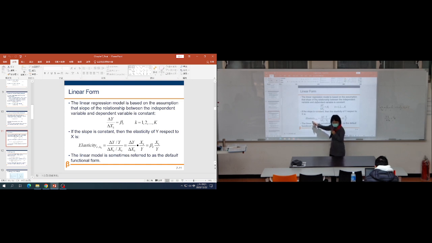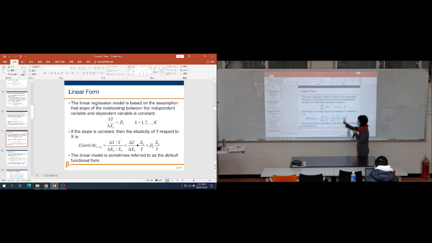Elasticity is also the derivative of the log y with respect to the log x. Mathematically, this is equal to this, and it turns out to be beta, times something like this.